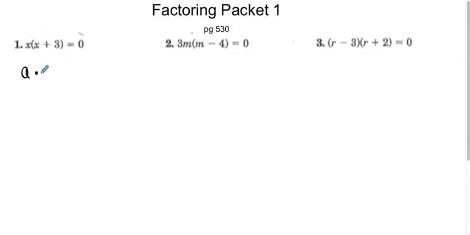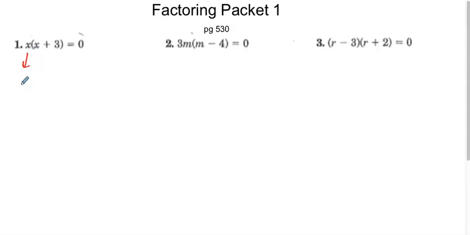If you think about any two numbers, a times b equal to 0, if a is 0 and b is 5, then 0 times 5 is 0. Vice versa, if a was 7 and b was 0, then 7 times 0 is also 0.